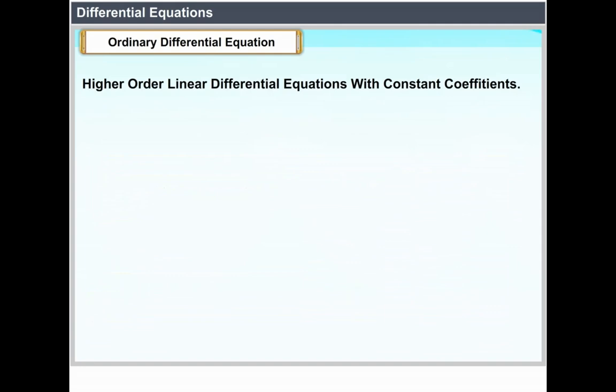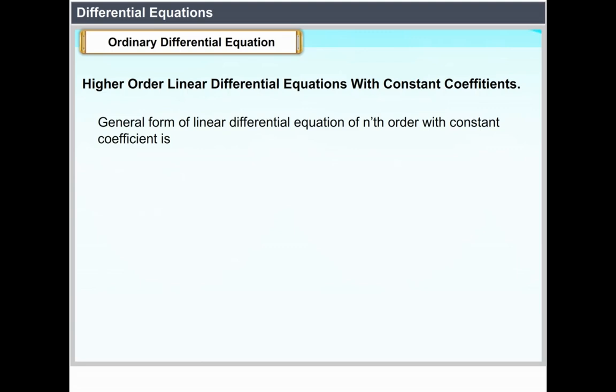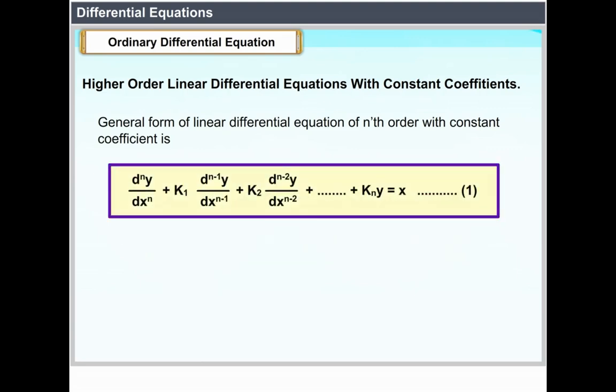Higher order linear differential equations with constant coefficients. A general form of linear differential equations of nth order with constant coefficients is d^n y/dx^n + k1 d^(n-1) y/dx^(n-1) + k2 d^(n-2) y/dx^(n-2) + etc. + kn y = X, called equation number 1, where k1, k2, etc., kn are constants.